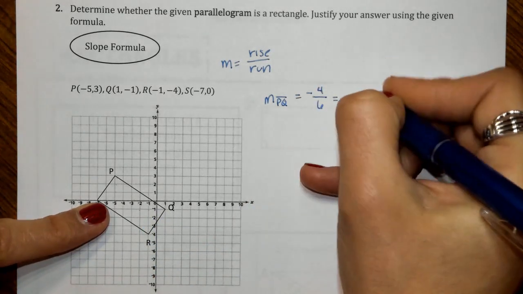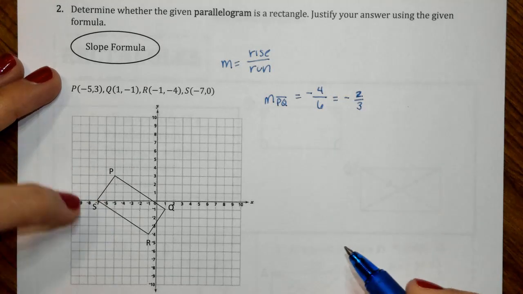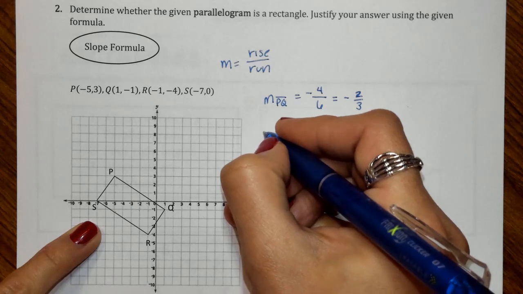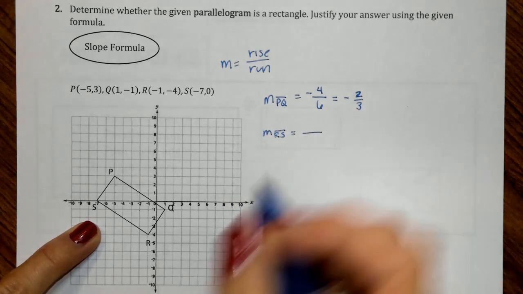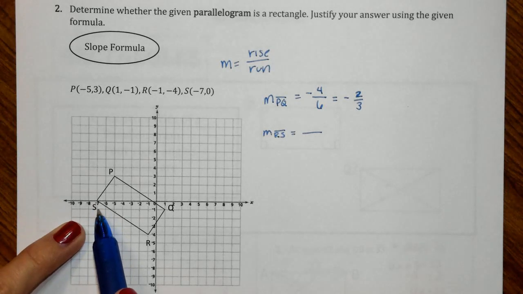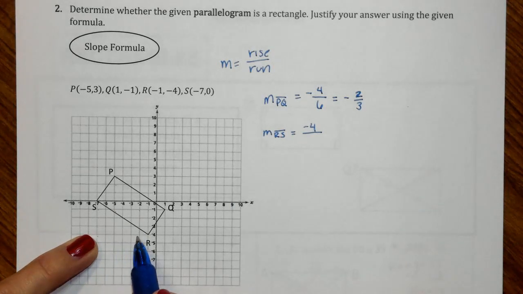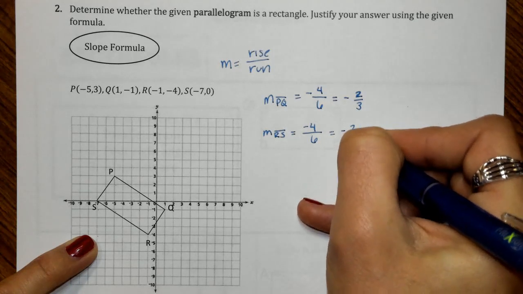This will simplify to negative 2/3. All right, let's take a look at segment RS. The rise over the run: we're down 1, 2, 3, 4, so negative 4, running 1, 2, 3, 4, 5, 6. And this will end up being negative 2/3 as well.